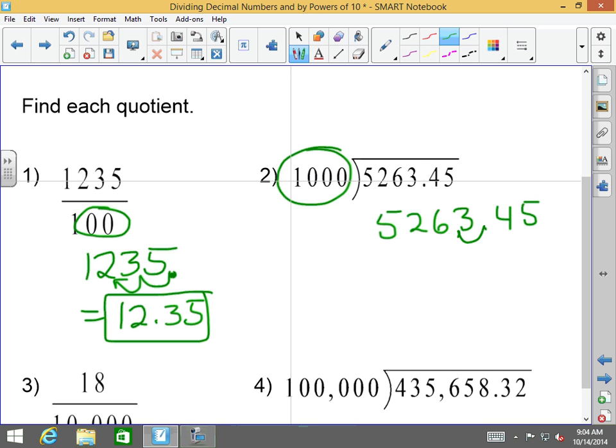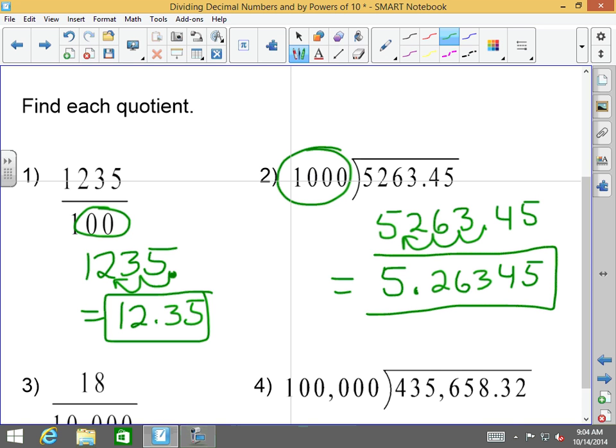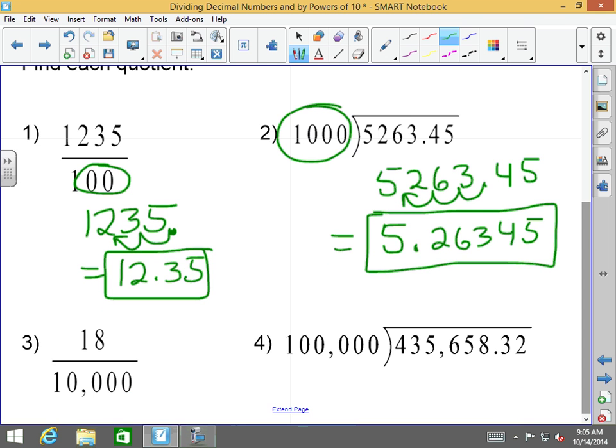So I'm going to go 1, 2, 3 to the left, which equals 5 and 26,345 hundred thousandths. If you want to divide it out the long way, that's fine, but I do not suggest that. You will not have time on your quiz for that. You will run out of time on your test with that also. Use the powerful shortcut, please, and thank you.